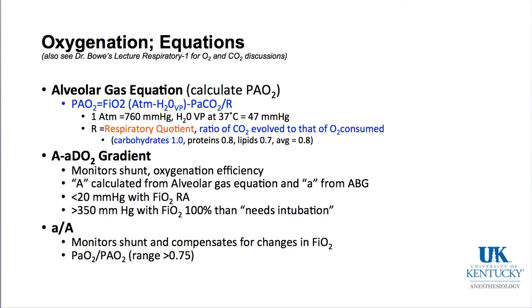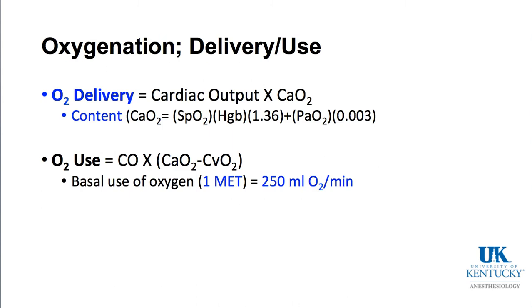You can also use the ratio of little a over A, or PF ratio, is another thing that you can use to monitor oxygenation. And little a over big A is a monitor of shunt and compensates for changes in FiO2, and the ratio of PaO2 over PAO2 should be greater than 0.75.